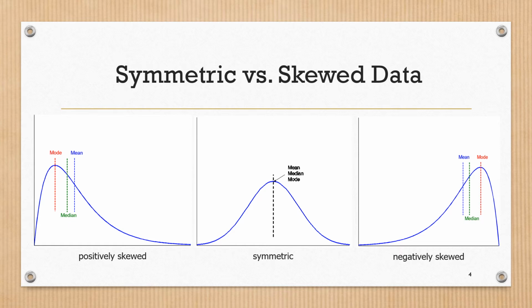They may instead be either positively skewed, as shown on the left, where the mode occurs at a value that is smaller than the median, or negatively skewed, as shown on the right, where the mode occurs at a value greater than the median.